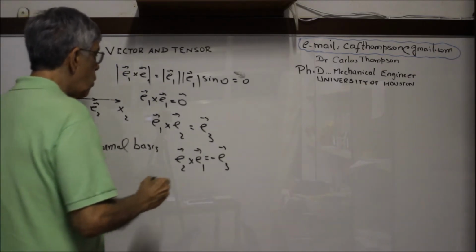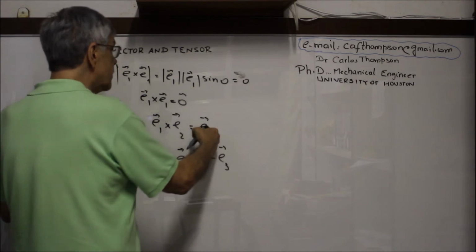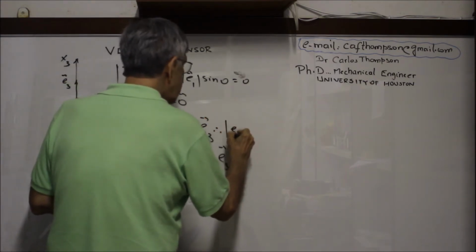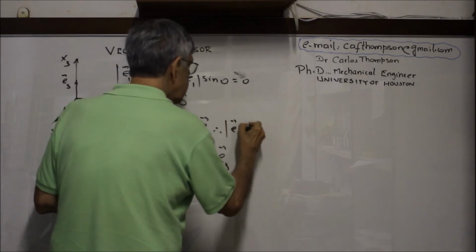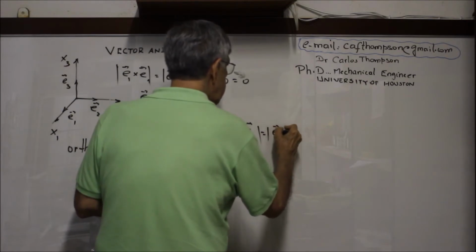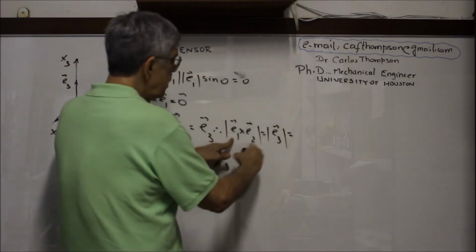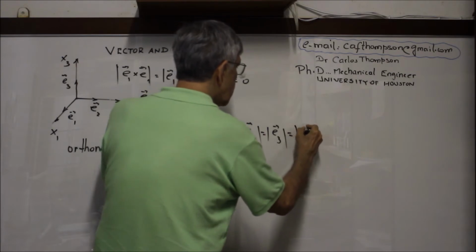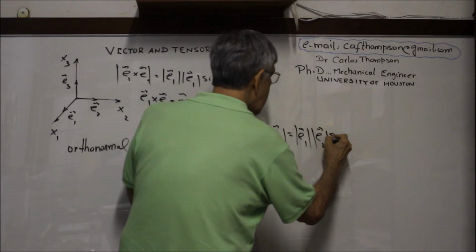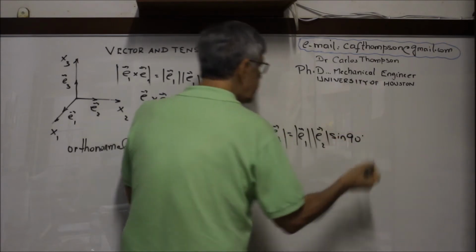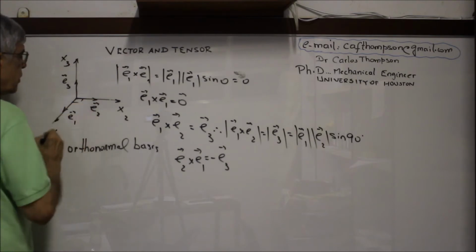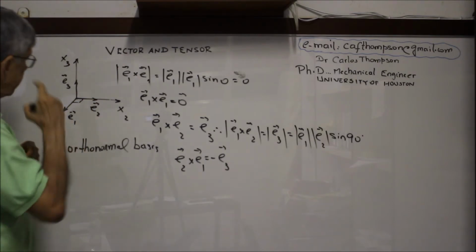Now, what is the magnitude of E3? The magnitude of E1 cross E2 is equal to the magnitude of E3, which is the magnitude of E1 times the magnitude of E2 times the sine of 90 degrees, because E1 and E2 have an angle of 90 degrees.